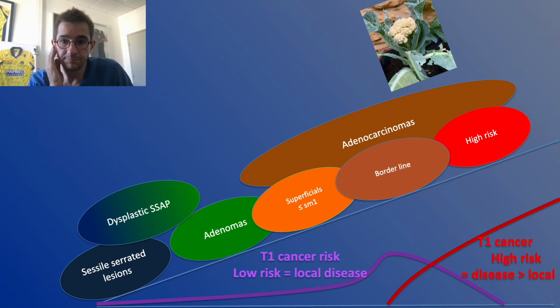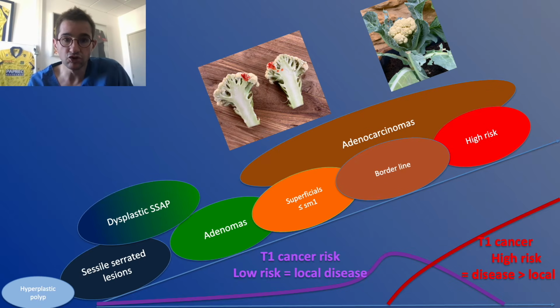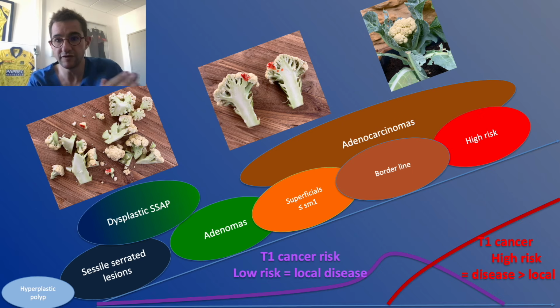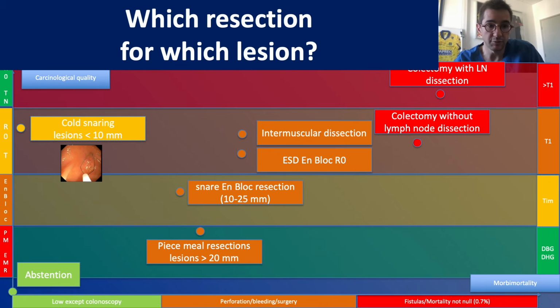So finally, what the endoscopist should know is how to divide these different lesions, which are in fact a continuum of gray, trying to put them in steps in which the most effective treatment could be abstention, for example for hyperplastic polyps. The best is probably to do nothing if you recognize the lesion.